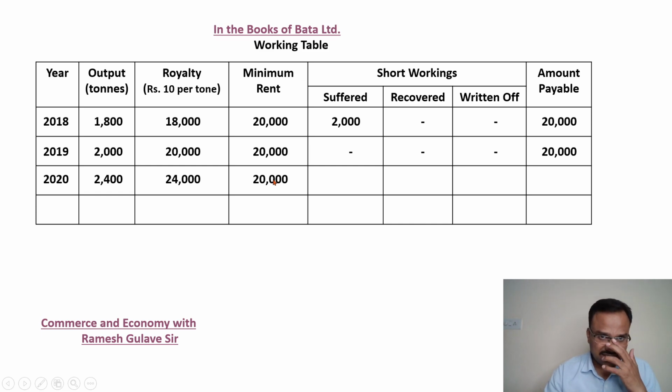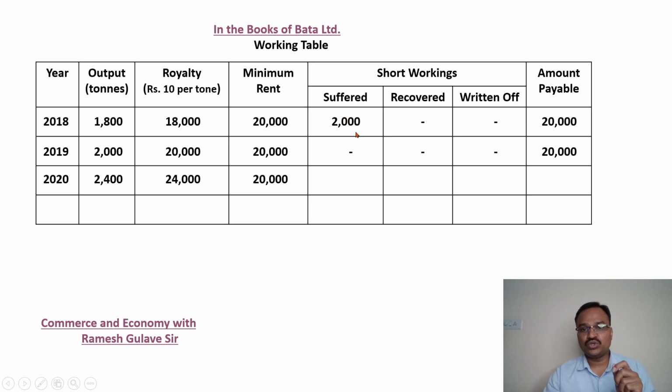Here, see friends, the amount of minimum rent is 20,000, but actual royalties are 24,000 for the year 2020. So there is an excess of 4,000. It means royalties are more than minimum rent by 4,000, and we have suffered a short working of 2,000.